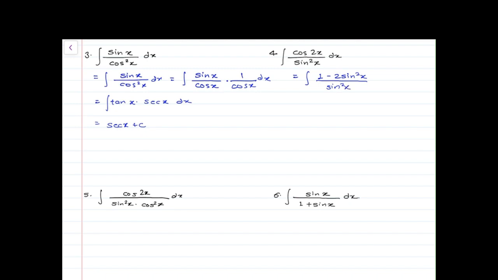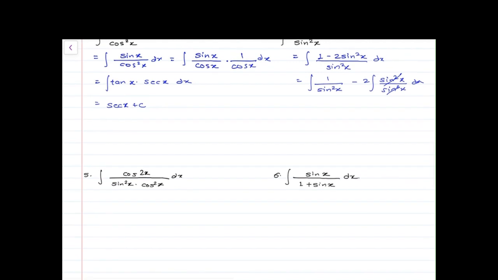Now if you separate the denominator, you will get 1 upon sine square x minus 2 integration of sine square x divided by sine square x, which simply equals 1, right? 1 upon sine square x is cosec square x minus 2 integration of 1 dx.